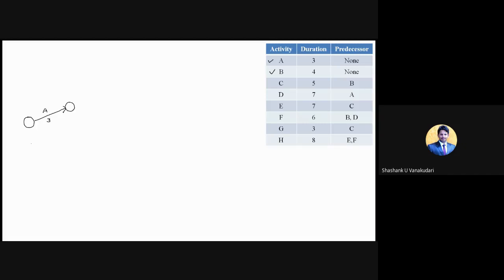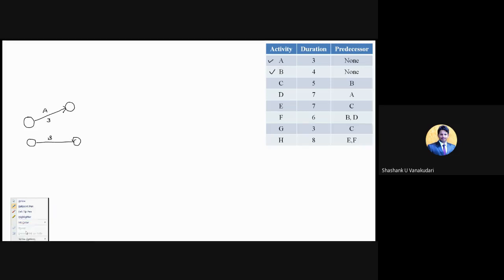So you are not supposed to start one more node for B, because as per the rules, at the starting part of the network diagram only one node will come, and at the end only one node will end. So as per those rules, we will provide B from the starting node of the A activity only.